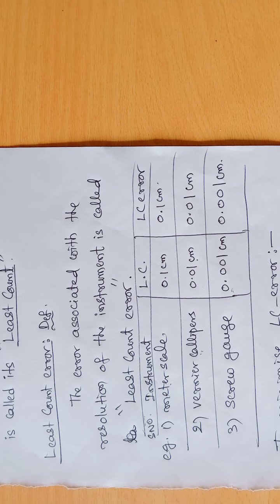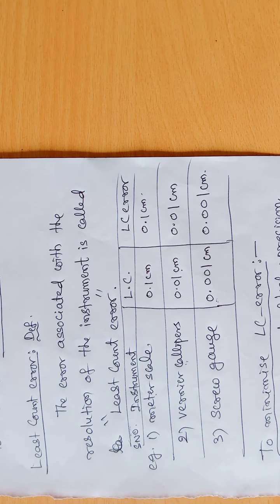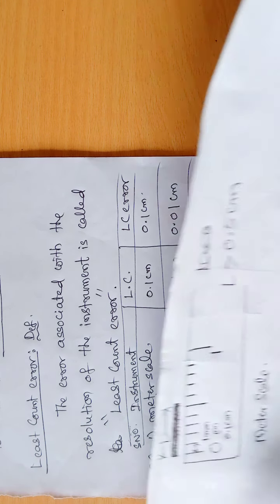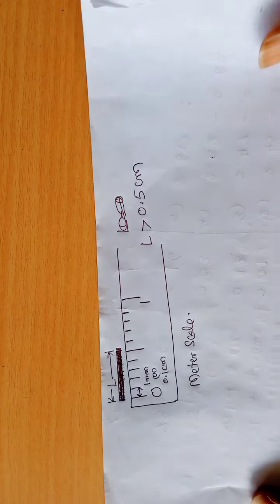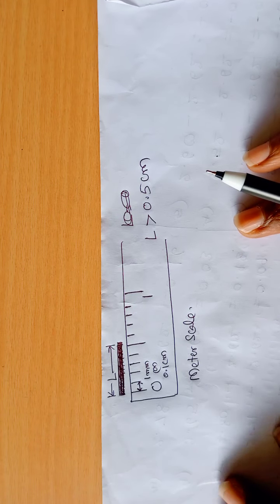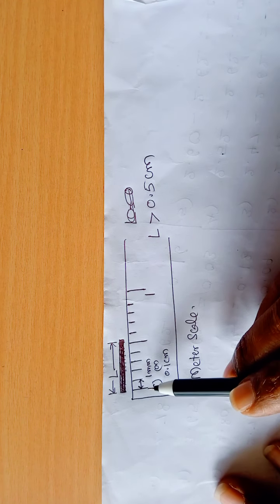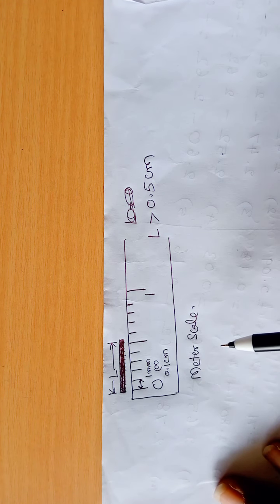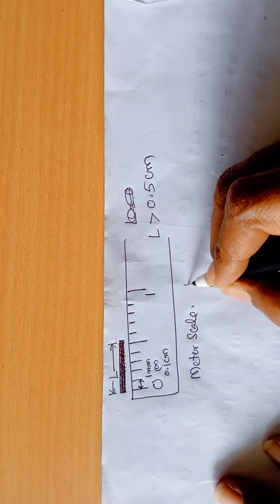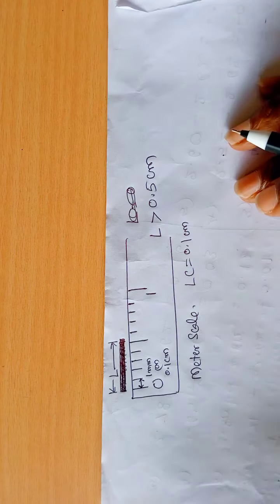Here we are considering examples. If you consider meter scale, see here you can see the meter scale. Meter scale is graduated in millimeters. The distance between two divisions is 1 millimeter or 0.1 centimeter. So its least count is 0.1 centimeters.